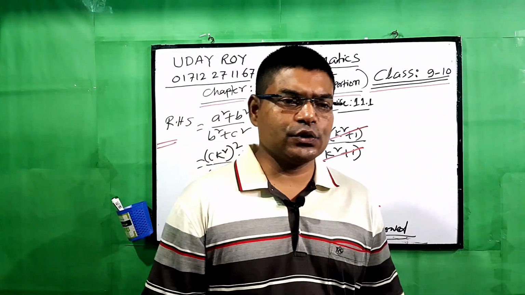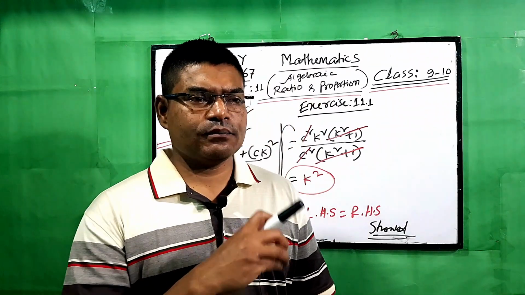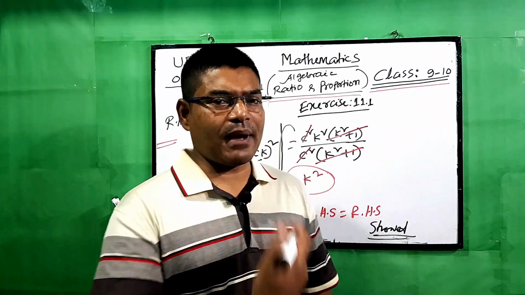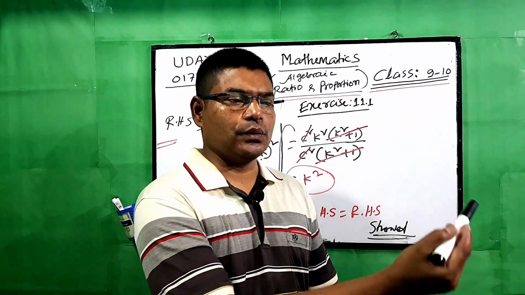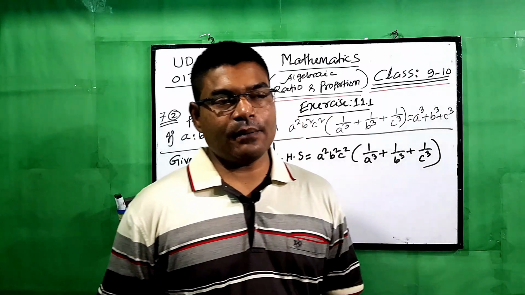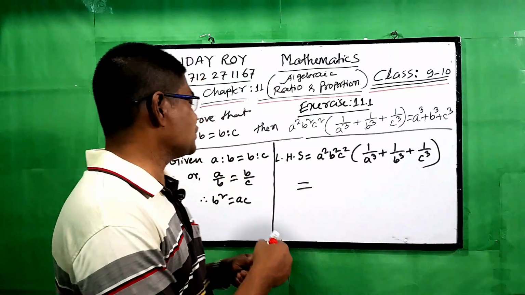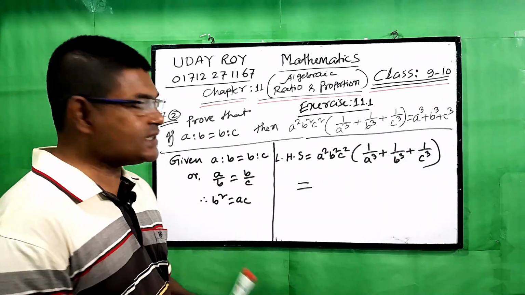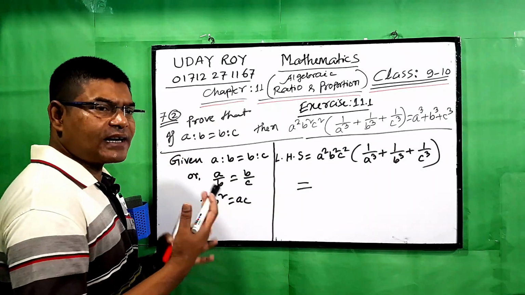Now we will do maths number 2, maths number 1 completed. So please come back to the board, maths number 2. This is also important for you, and before starting the maths you have to write a is to b equal b is to c at first. Then a ratio is one kind of fraction.